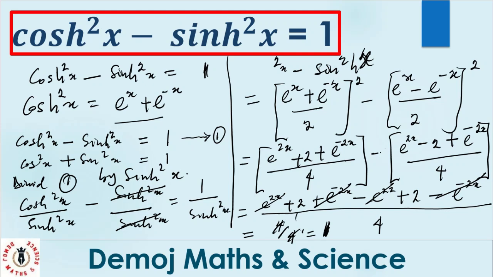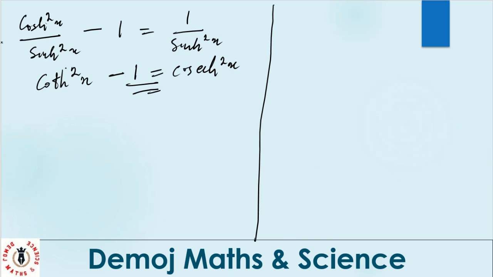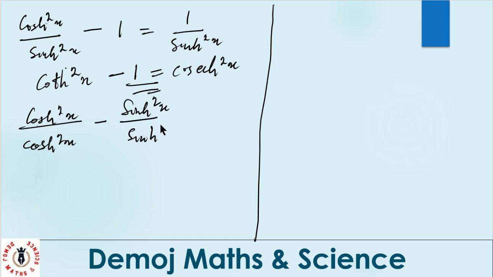Initially, we picked equation 1 and divided by sinh squared x. Now, we're not going to divide by sinh squared x. Let's divide it by cosh squared x. So that what we'll be saying is that cosh squared x over cosh squared x minus sinh squared x over cosh squared x is equal to 1 over cosh squared x, since we're dividing through by cosh squared x.